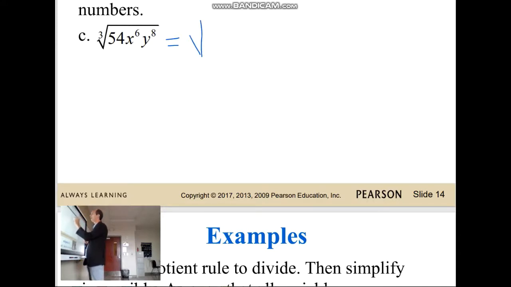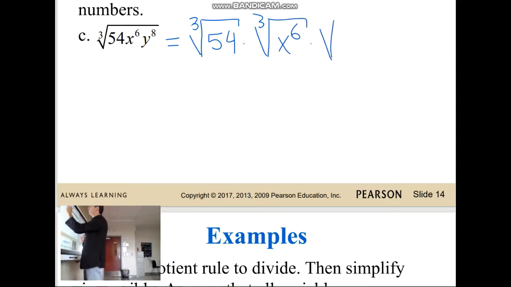You can split this, right? And this is cube root of 54 times cube root of x exponent 6 times cube root of y exponent 8.